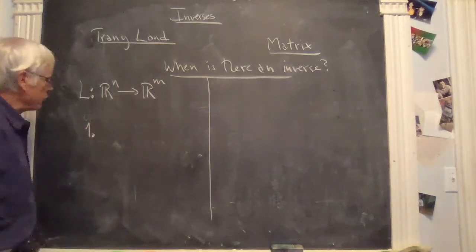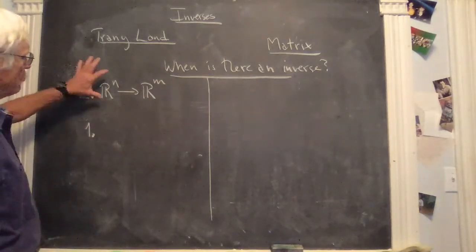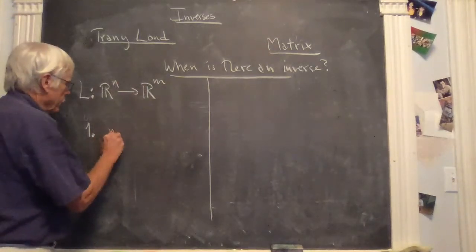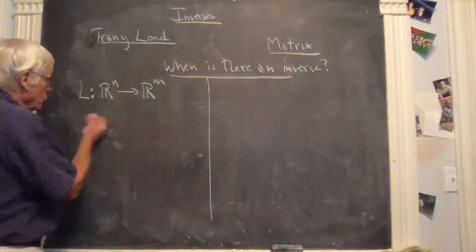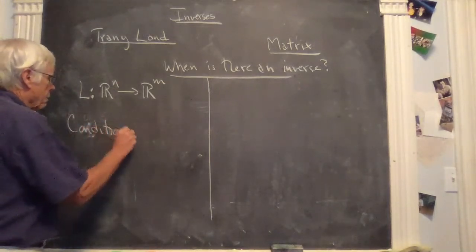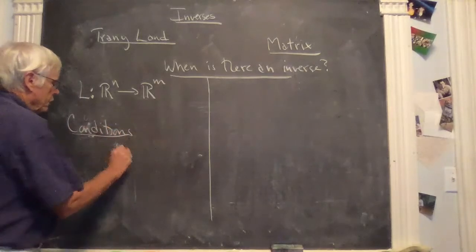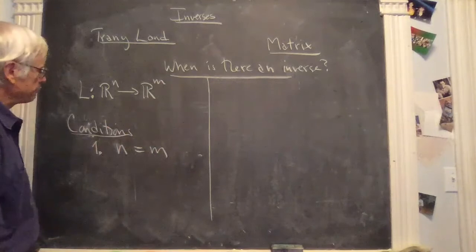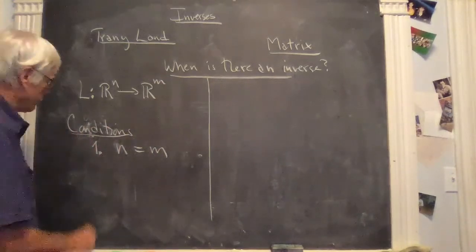In transformation land, if you have a linear transformation from one space to another, there is no inverse unless n equals m. So let's put conditions here. So n equals m is a condition for having an inverse.